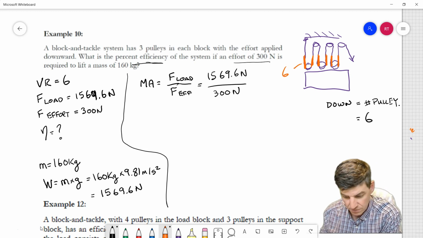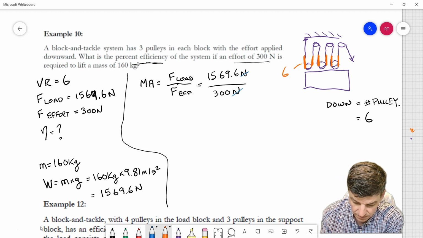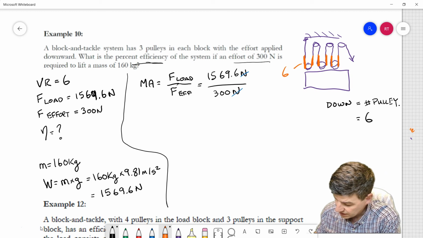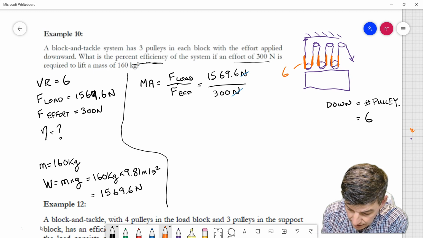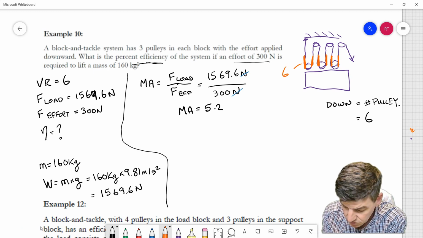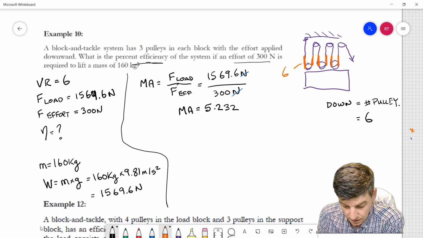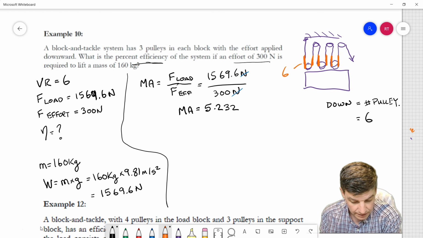Double check, make sure my units are the same, and they are, so my units will cancel themselves out. So 1,569.6 divided by 300 gives me an MA equal to 5.232.